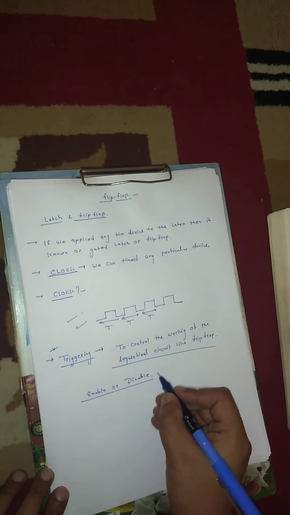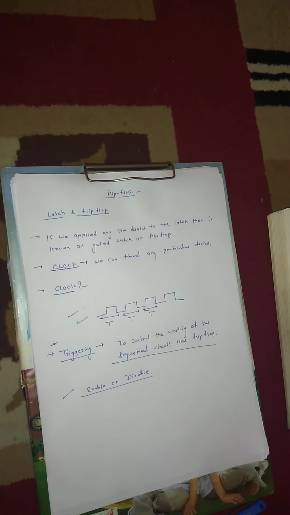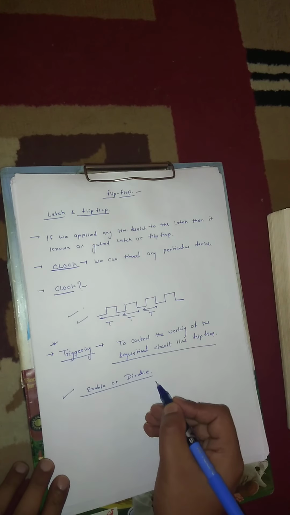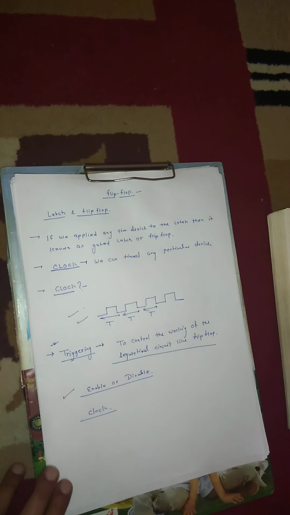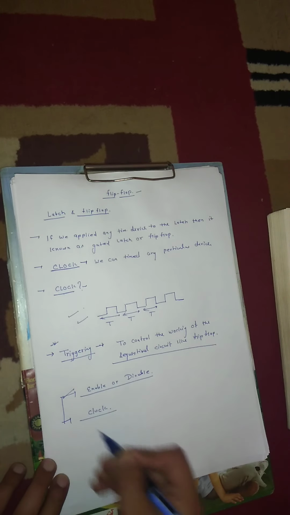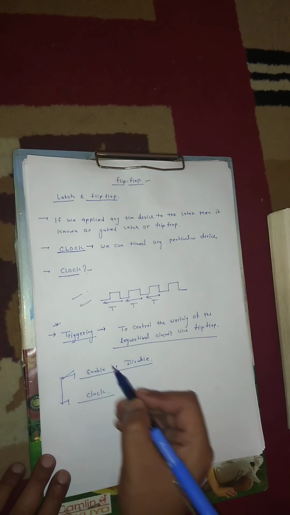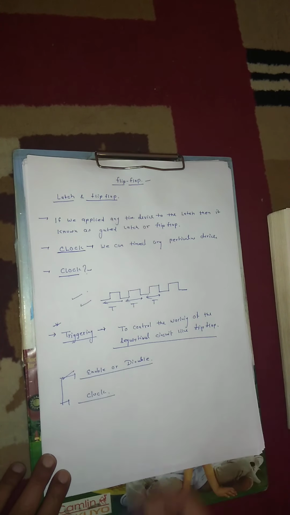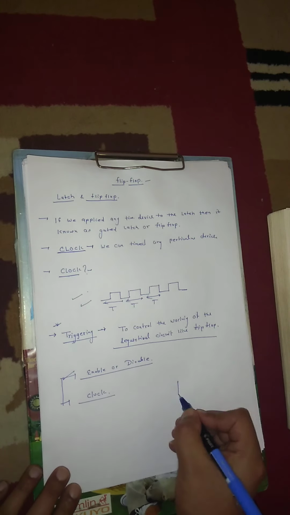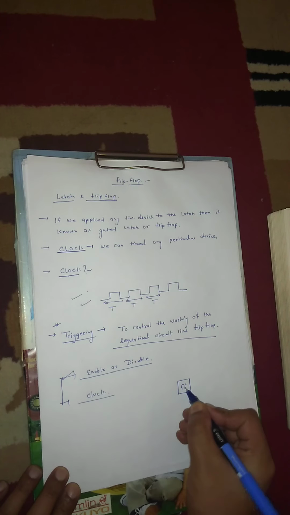the particular flip-flop. Triggering is used to control the flip-flop, like to enable or disable the particular flip-flop, which depends on the particular clock. It means triggering is a process which controls the working of a flip-flop after providing the flip-flop a clock. Suppose this is a particular flip-flop.